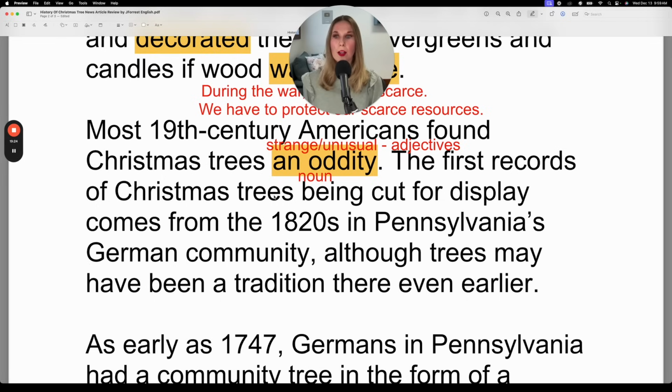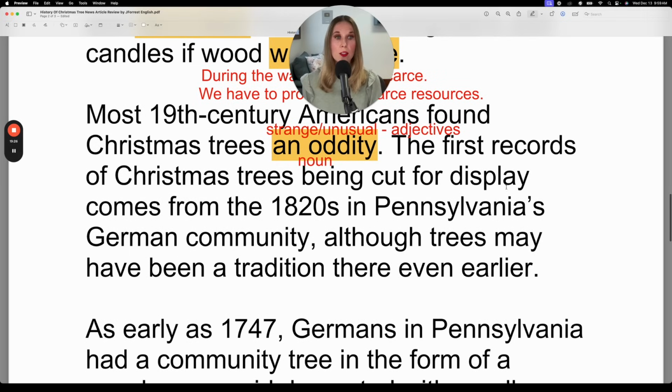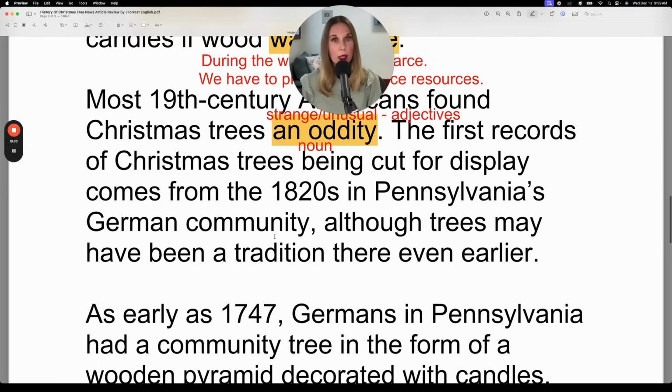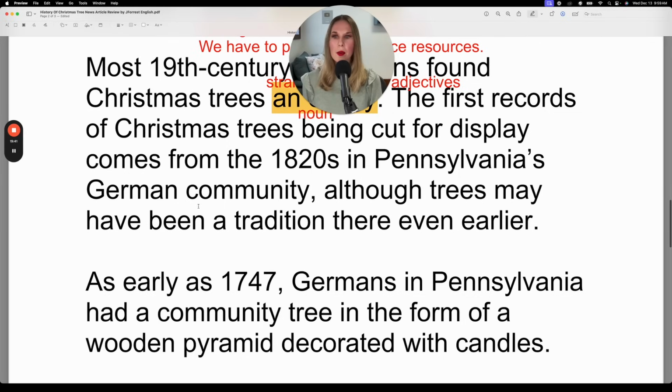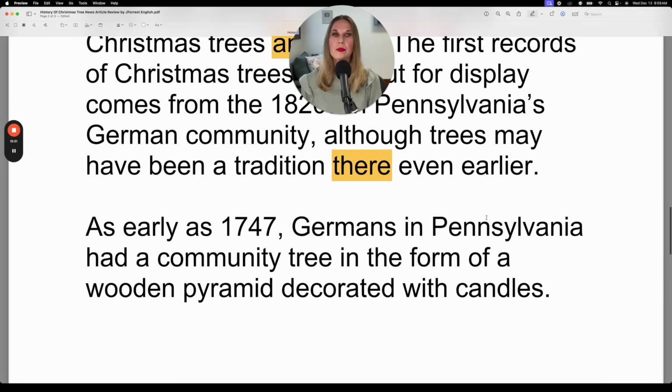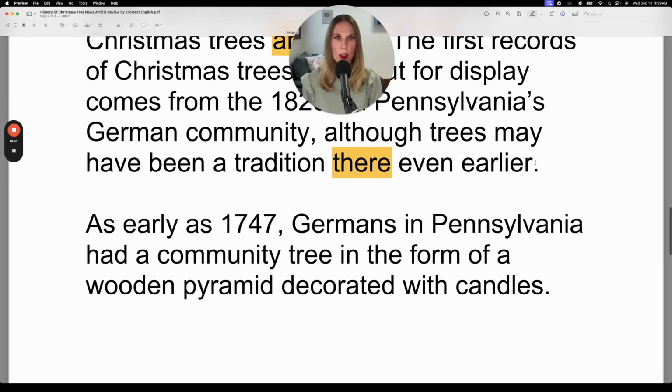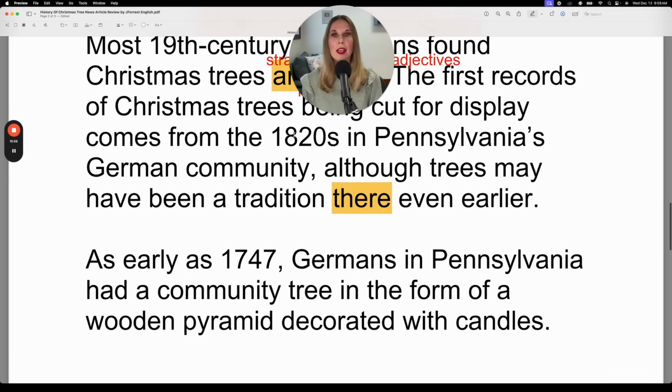The first records of Christmas trees being cut for display comes from the 1820s in Pennsylvania's German community. I guess there was a large German community in Pennsylvania. That is not something I knew. Although trees may have been a tradition there, meaning Pennsylvania in the German community, even earlier. So earlier than 1820s, so maybe 1810s.